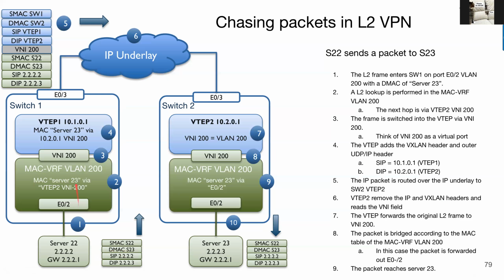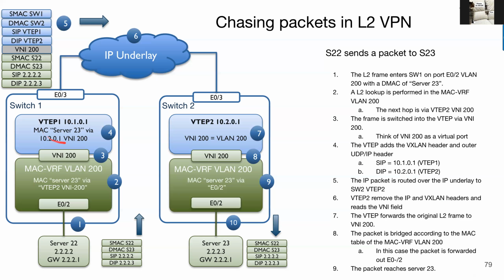So as soon as this frame hits VTEP 1, we're going to do a lookup in our local bridge table for VLAN 200 for this MAC for server 23. We already know it because we've learned it, and we know that server 23 is accessible through this VTEP 10.20.0.1 with this L2VPN 200.